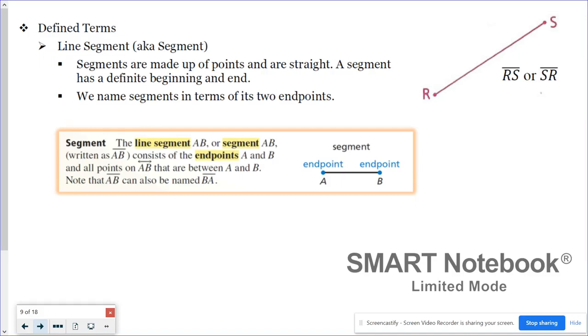So a line segment, very similar to a line, is made up of points and is straight. Different from the line, a segment has a definite beginning and end, and this beginning and end are called endpoints. We name segments in terms of its two endpoints.